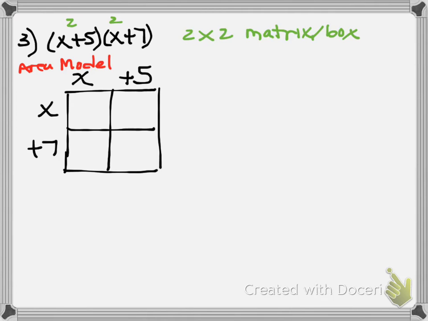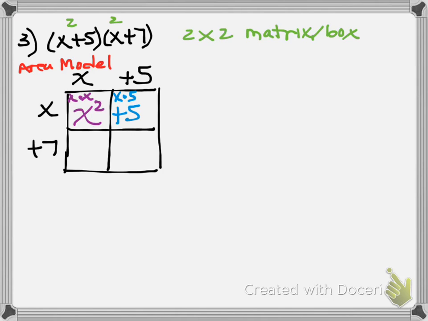So the reason why they call this the area model is because what I'm asking you to do is figure out the area of each box. So this box has dimensions of x times x, which gives you what? X squared. Okay. This box has an x times a 5. So what's that going to give you? A 5x.